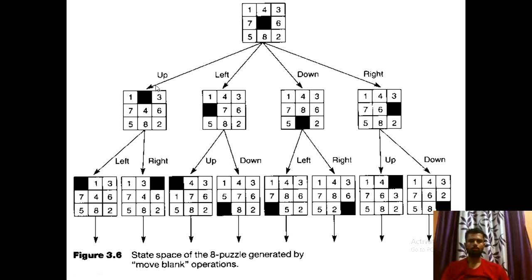If you move forward from the upward state, the possible set of next states are, you can move either left side or right side. That means if you consider the blank slide here, you can move this blank slide to the left side, to the right side, or to the down side. So there are many possible actions you can take here, and by considering all this set of actions, it will form branches.